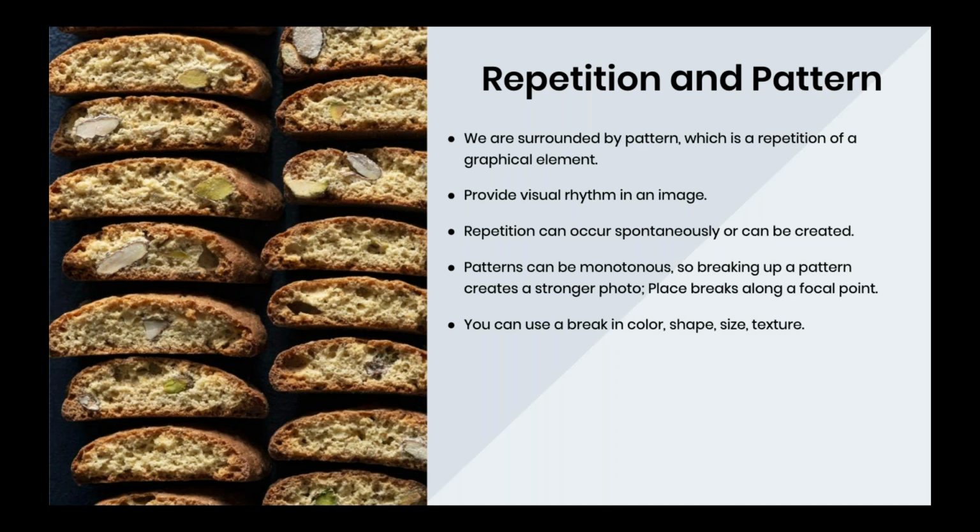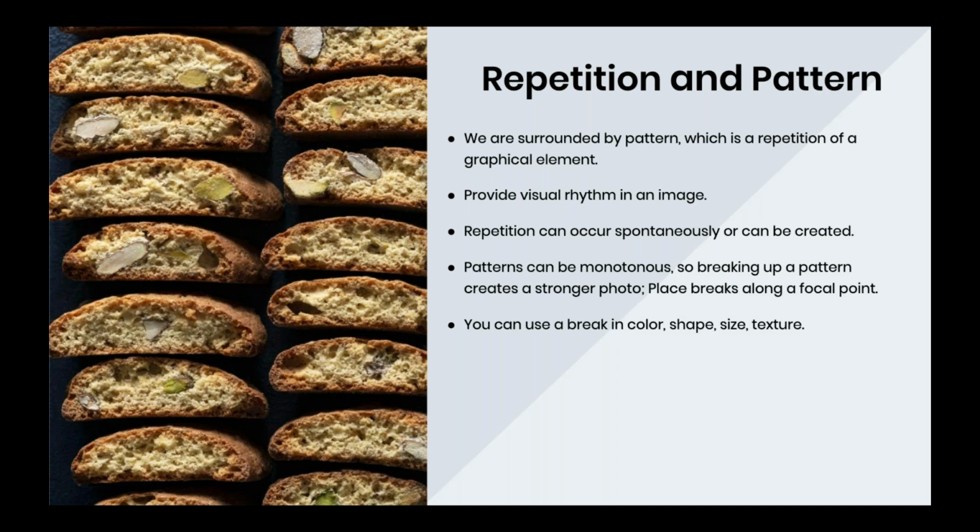One of the things I was conscious of in this image was the pistachios, because they were creating a break in that repetition. They're on a diagonal, they're not facing the same way, so that's creating a little more tension in the image.